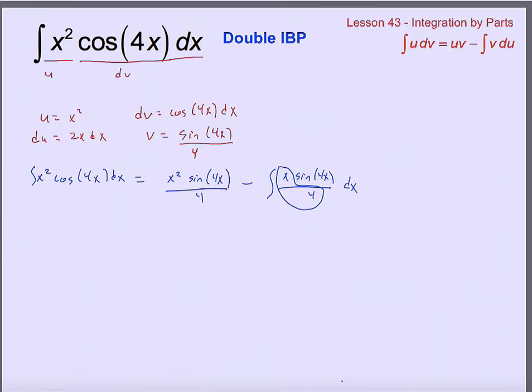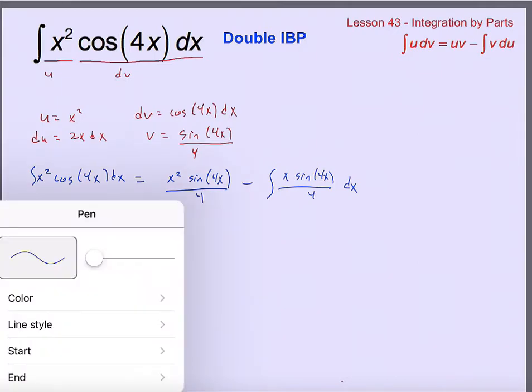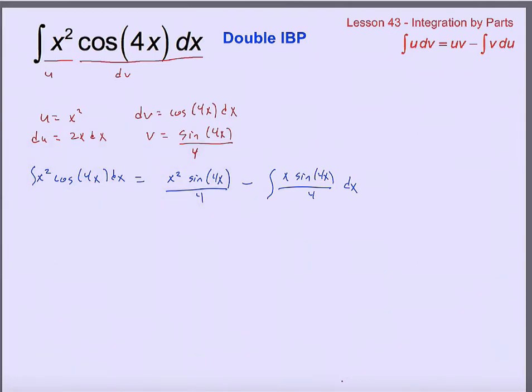So what we're going to do is go back to the drawing board and start again. This time, for the u, the part that's easy to take the derivative of, you can choose whether you want to put the 1/4 in the denominator with the u or with the dv.